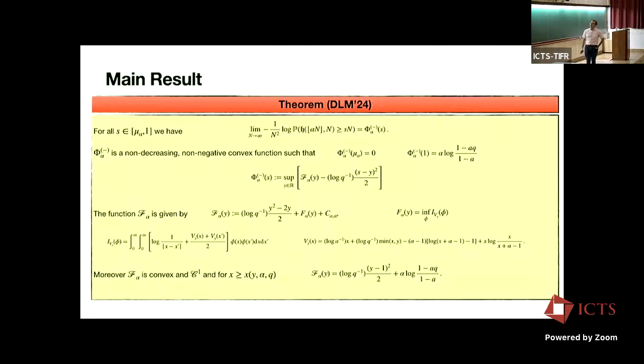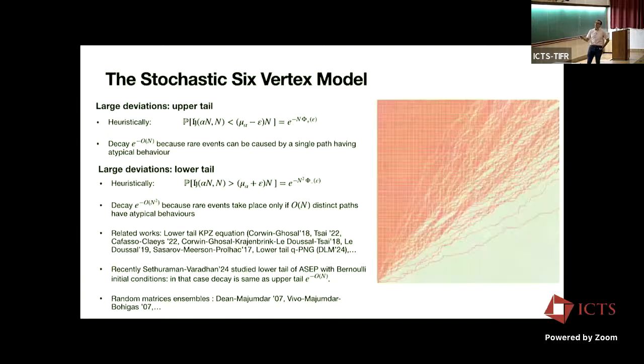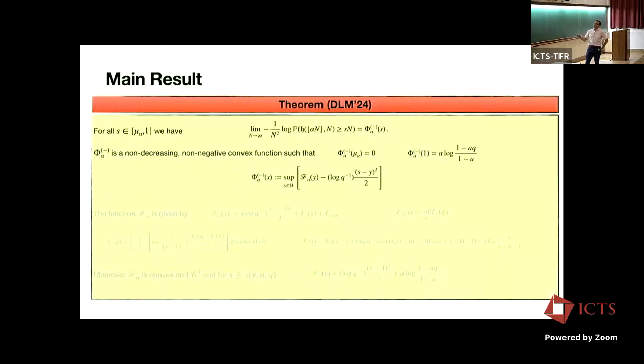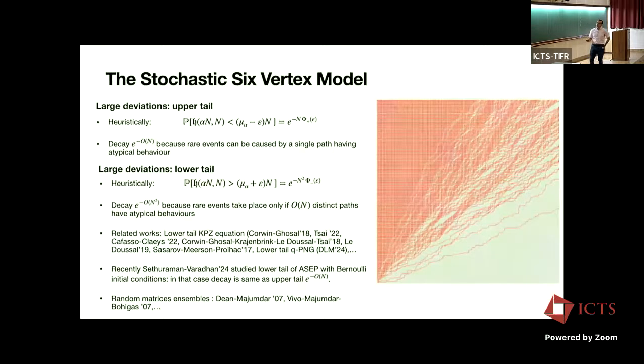So this theorem appears to be quite complicated, and the reason the theorem is complicated relates back to the fact that lower tail events need to be analyzed in a slightly complicated way. In fact, it would be almost a miracle if the function f alpha here had a fully explicit expression. In the case of the KPZ equation, the rate function actually has a fully explicit expression, which substantially allowed the analysis.